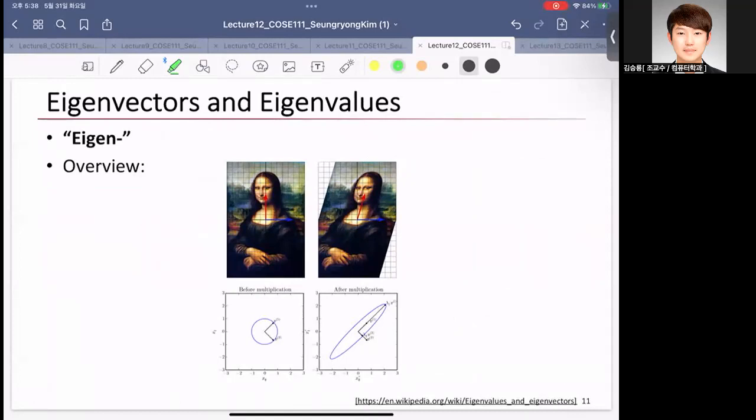Eigenvectors and Eigenvalues. So, to understand this, we have to focus on this terminology, Eigen.